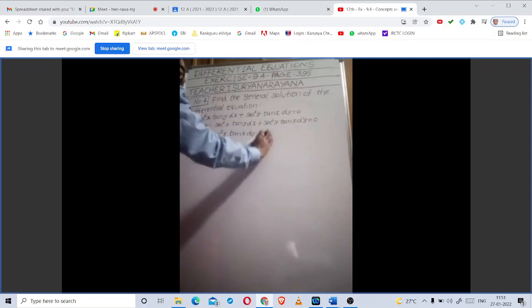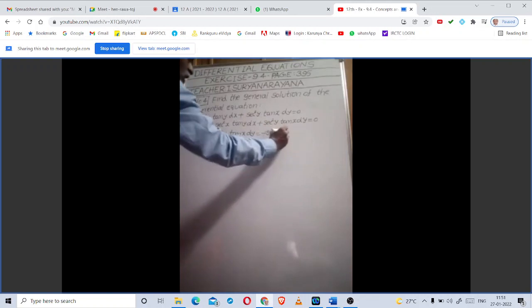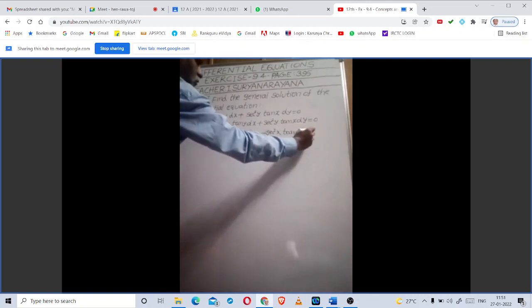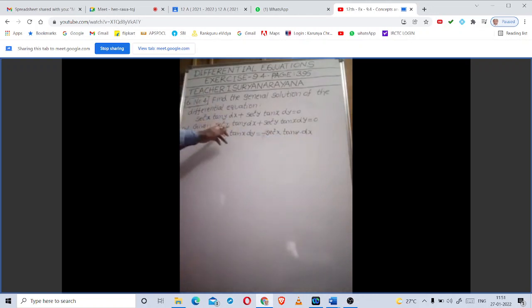See, minus secant square x tan y dx. Understood this step, children? Just I transpose the term to RHS, then it becomes this. Then we get this step secant square y tan x dy is equal to minus secant square x tan y dx. Okay, my children, right.